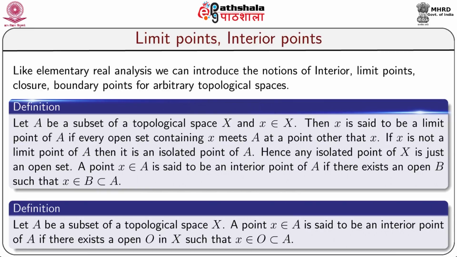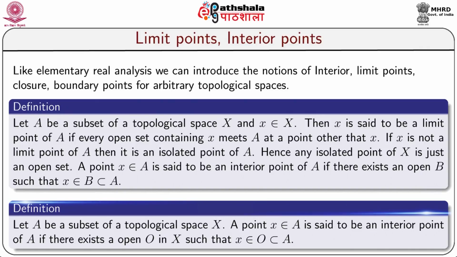Now, let us define what is called an interior point. Definition: let A be a subset of a topological space X and x be a point in A. Then x will be called an interior point of A if there exists an open set containing x which is contained in A. We know from elementary real analysis that a set A is open if and only if each of its points is an interior point.